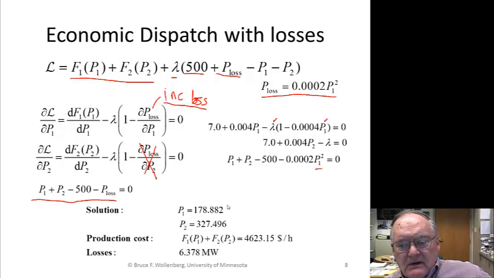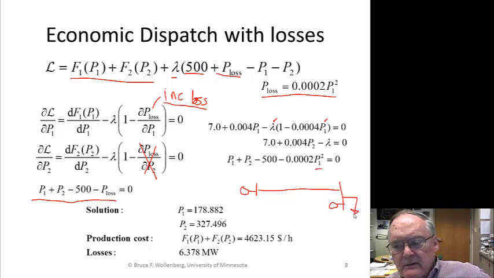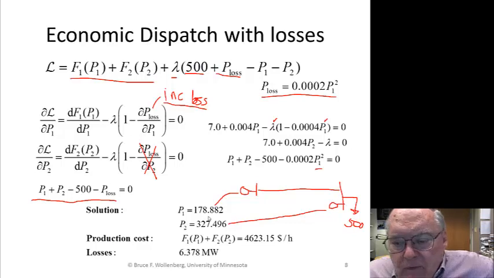Well, now look at what it did. Here we had this bus out here with the losses, and here's the generator at the other end, and here's our load, and we wanted 500 over here. So it said to put 178 there and 327 there, and this is adding up to, let's see, 50-something, right?